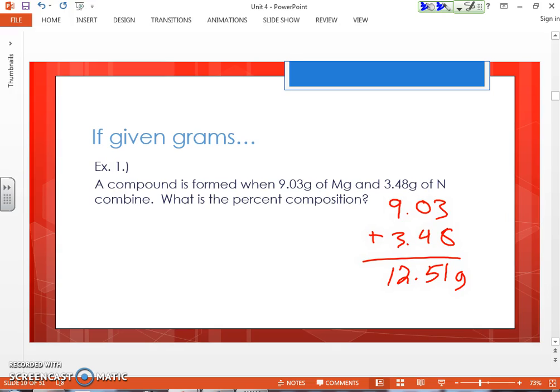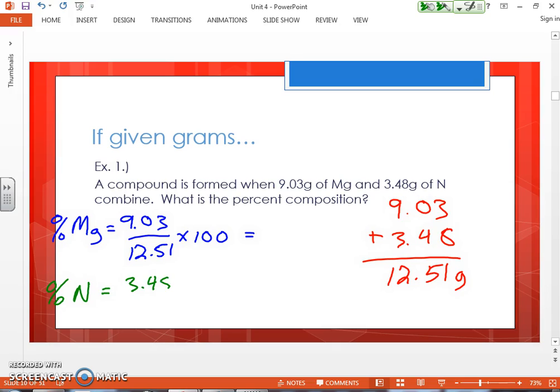Then for magnesium, percent is going to be 9.03 divided by 12.51 times 100. And then for the other one, nitrogen, this is going to be 3.48 divided by 12.51 times 100.